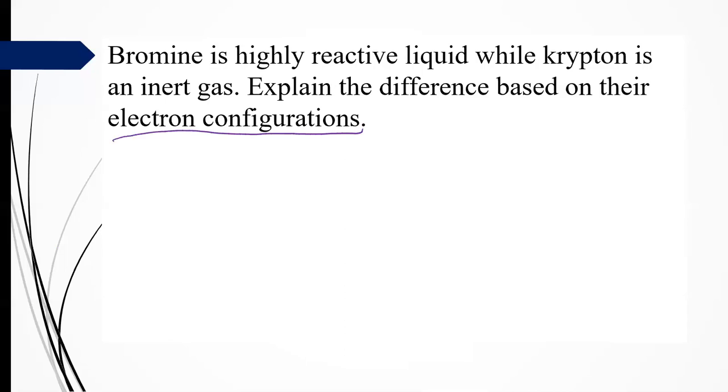If you don't write out an electron configuration, you're not going to get all of the points, because the problem tells you that we want an electron configuration. The second part is comparing highly reactive versus inert. You can also talk about liquid versus gas, but we don't have to. We do want to make sure we're addressing highly reactive versus inert.